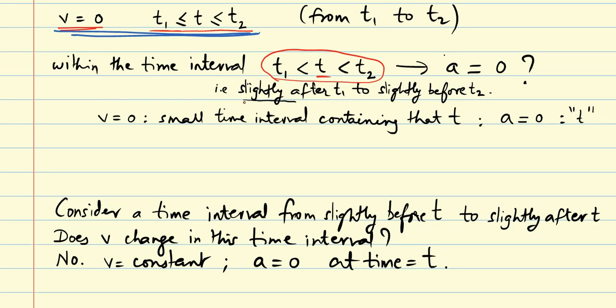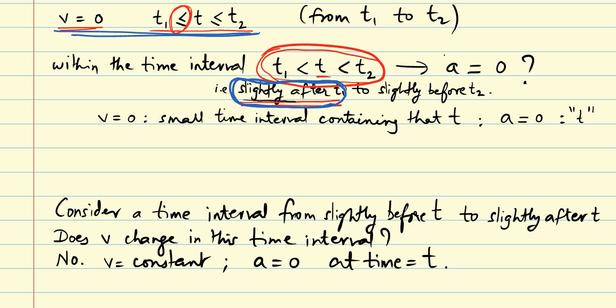Even when our time interval begins, which happens slightly after t1, even then the acceleration is equal to 0, because the velocity was equal to 0 even when t equal to t1. Remember, there is an equality sign included over here. In other words, the velocity was equal to 0 even before our time interval began, and hence there is a small time interval which contains the beginning of our time interval.